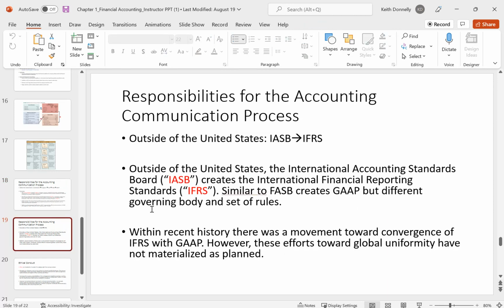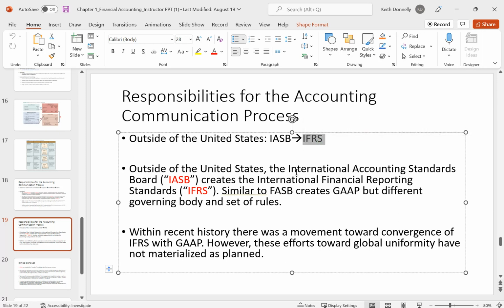Now, everywhere else in the world, they use this thing called IFRS, International Financial Reporting Standards, and they have the IASB who makes it. It's kind of like everywhere else in the world, they use kilometers and meters and the metric system, and here in the US, we use pounds and ounces. It's a similar setup in accounting. We use US GAAP here, which is made by the FASB.